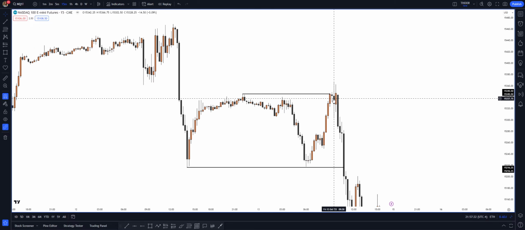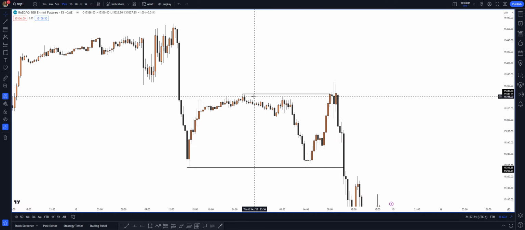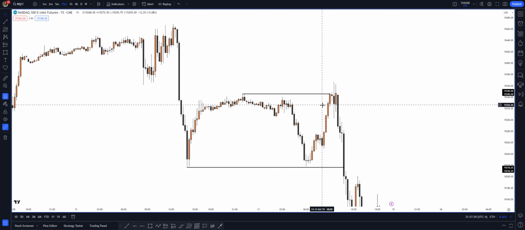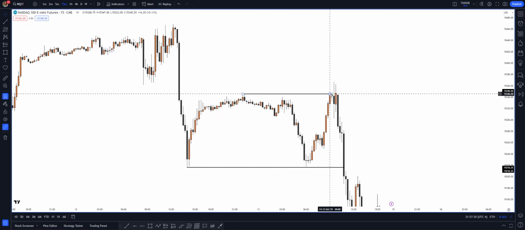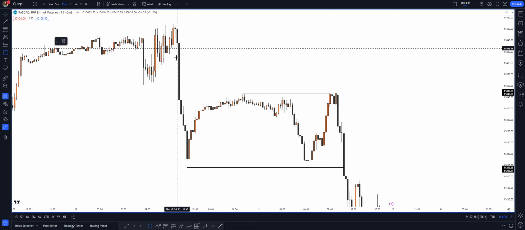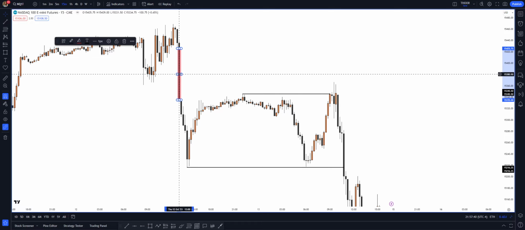So at open, as a Judas swing, I anticipate the buy side to be raided. So I anticipate the price going above this liquidity pool to the upside into this fair value gap, the imbalance right there, right?